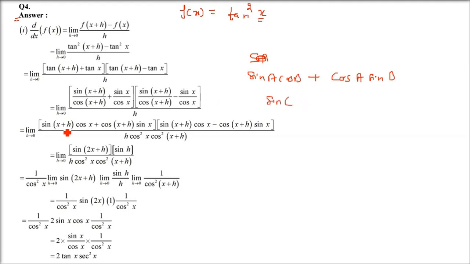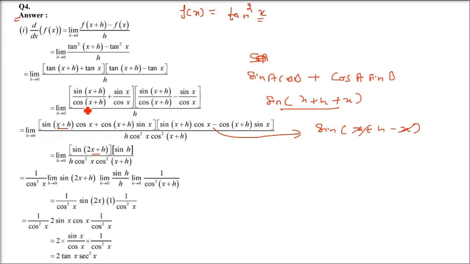Here a is x+h and b is x. So sin(x+h+x) gives sin(2x+h). Now sin a cos b minus cos a sin b is sin(a−b), so sin(x+h−x). The x cancels, you have sin h.